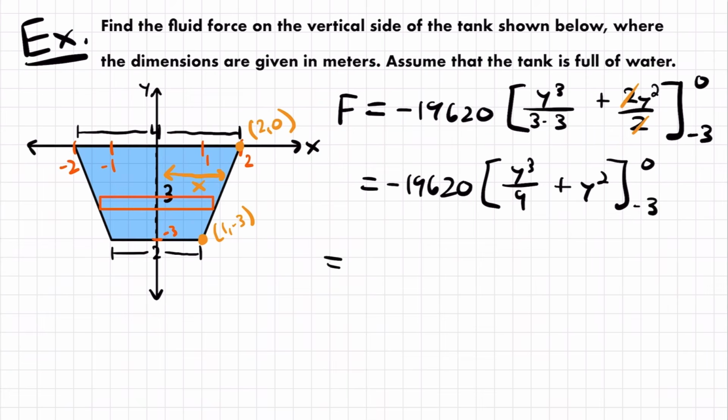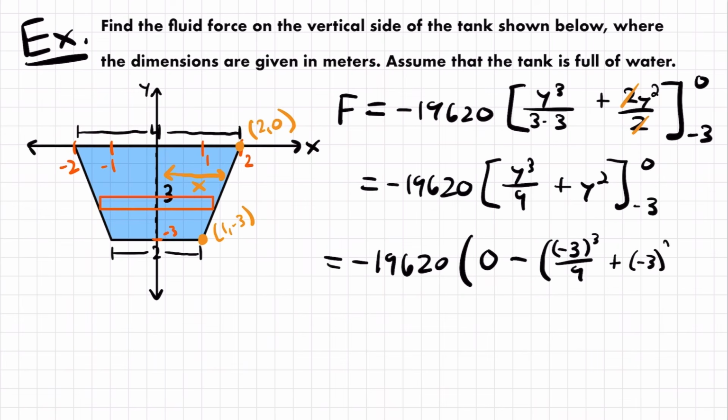So we'll have that this is equal to negative 19,620 times 0 minus plugging negative 3 into this expression. So we'll have negative 3 cubed divided by 9 plus negative 3 squared. Okay? And remember to put those terms in parentheses so that you distribute that negative to each of those terms.